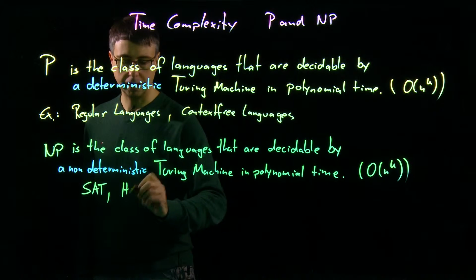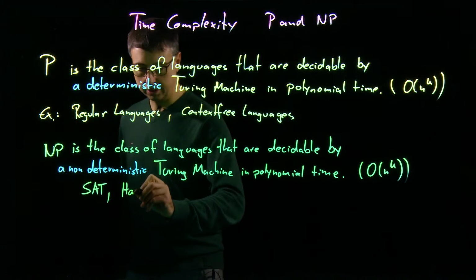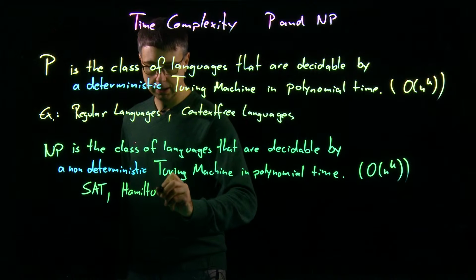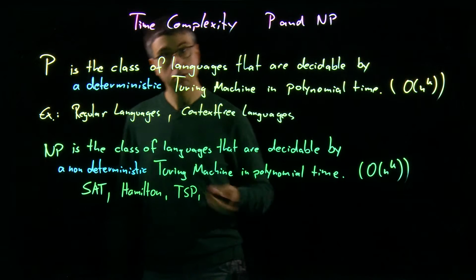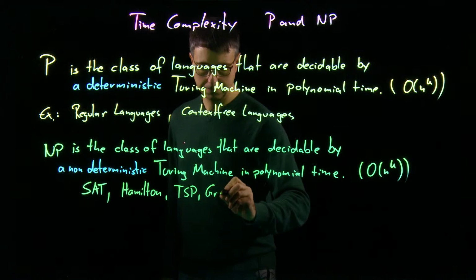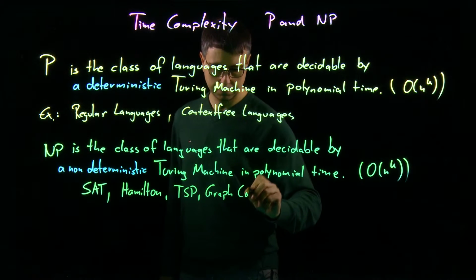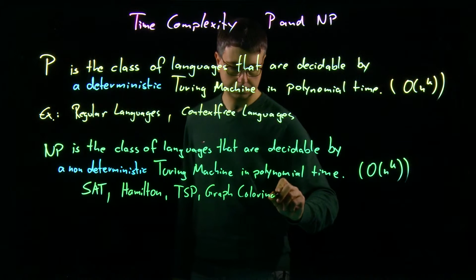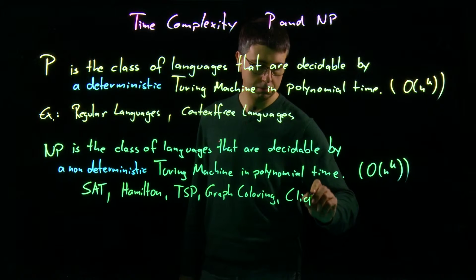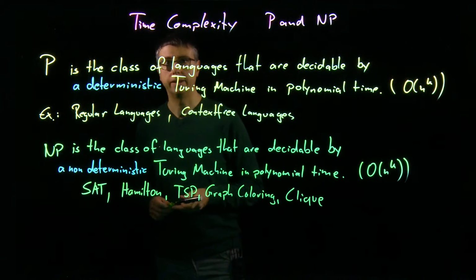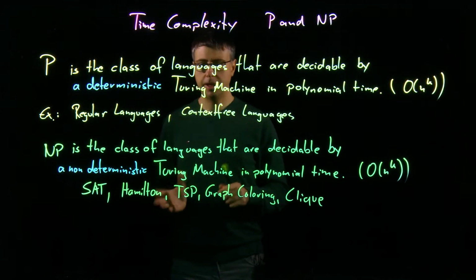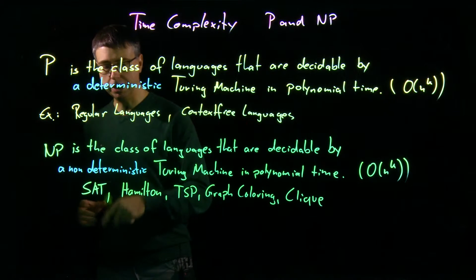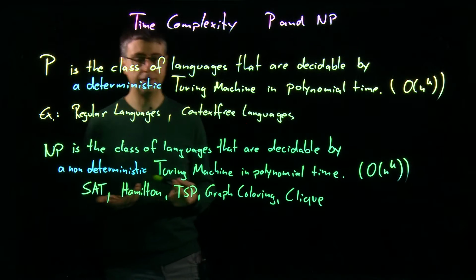Also the problem whether a graph has a Hamilton circle, the so-called traveling salesman problem, graph coloring, the clique problem, checking whether a graph has a subgraph that's actually a clique. There are a lot of problems that are in NP that are highly relevant in practice.